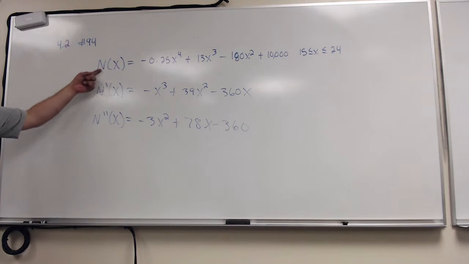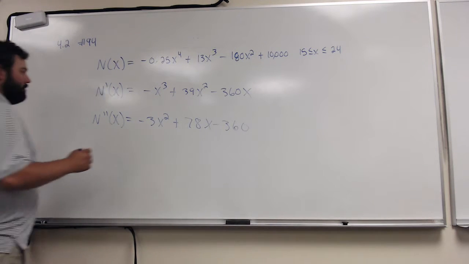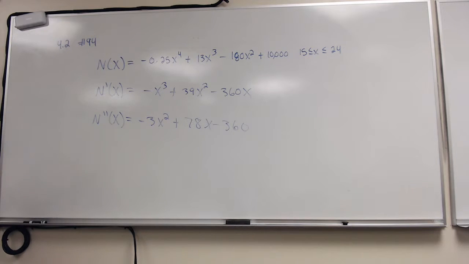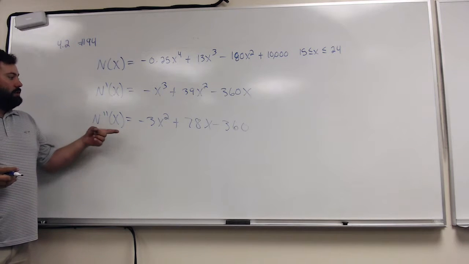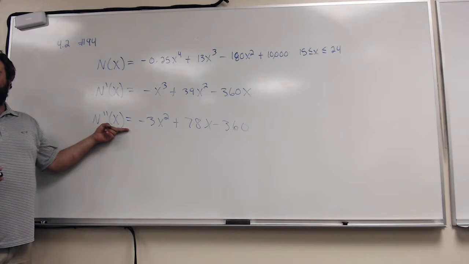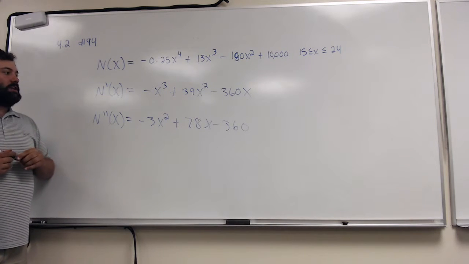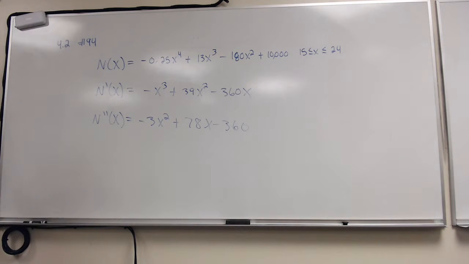And the output of the function, my guess is that it's how many $1,000 you're getting in sales. Okay. So the point of diminishing returns, it's the place where the first derivative changes from positive to negative. So typically what you do is you figure out where the second derivative is 0 or undefined, and you make a sign chart, right? And then that sign chart is telling you where the first derivative is increasing or decreasing.